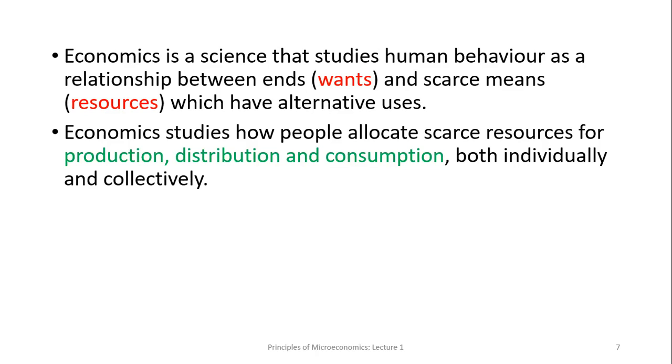So it is about individual decision makers, like how I make my consumption decisions, how I make my time allocation decisions. Similarly, it is also about collective decisions, how a country makes its choices and how the decision makers of a country decide for the future of the country.